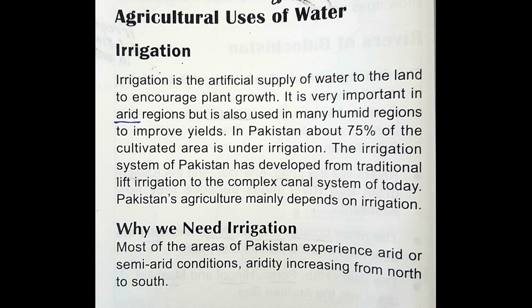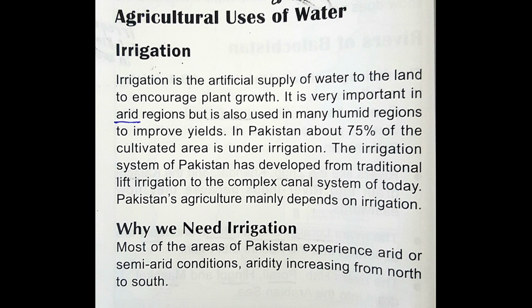Arid means too dry or barren to support vegetation. So arid regions are dry regions, but irrigation is also used in many humid regions to improve yield.